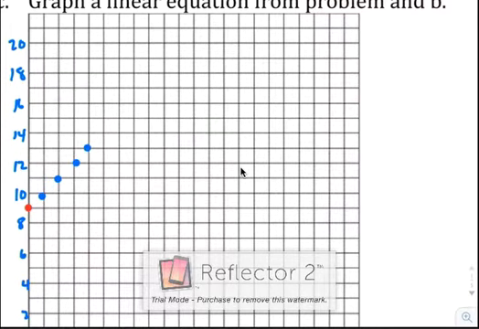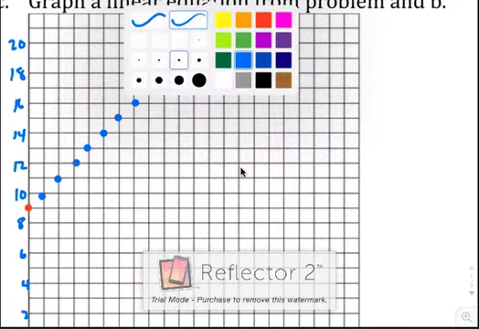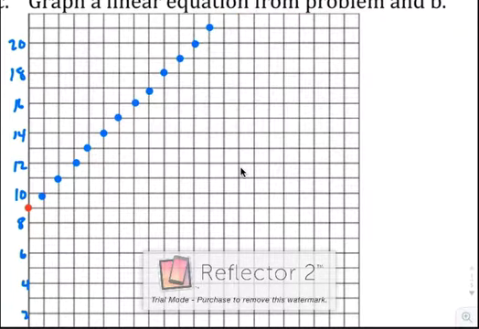Up 1, right 1, up 1, right 1 each time. Okay, there we go.